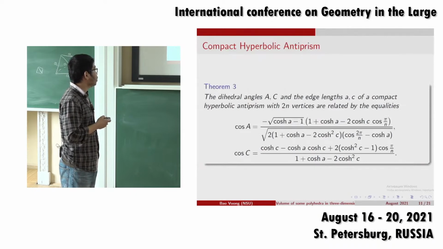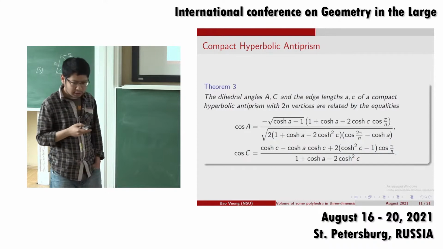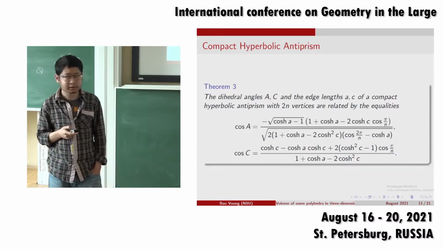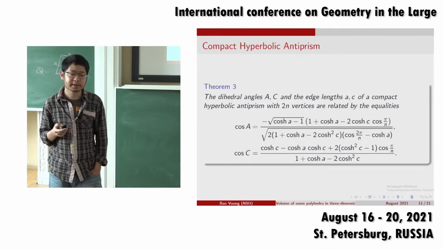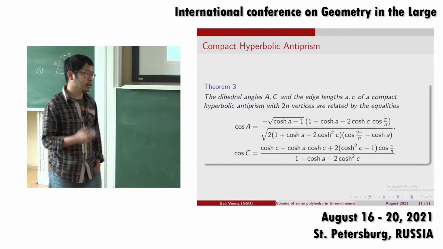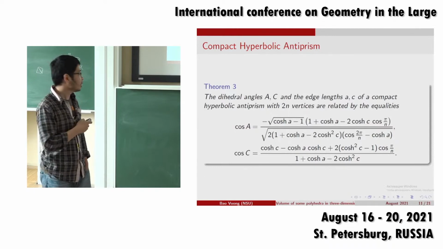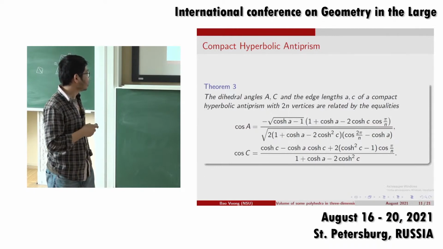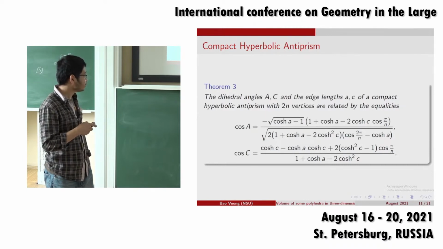For the hyperbolic antiprism, we use the Klein model, which is like the vector space model, and using some properties of the scalar product, we can get the relation between the dihedral angles and the edge lengths of the antiprism in this model.